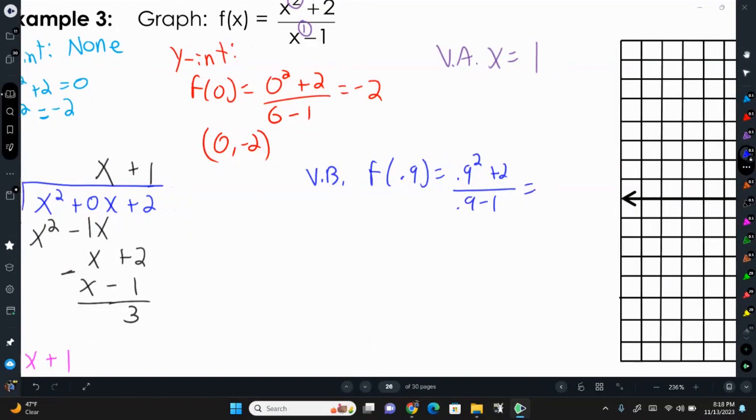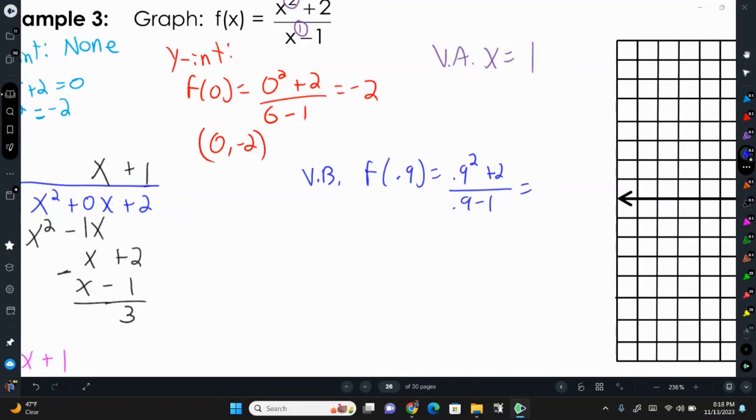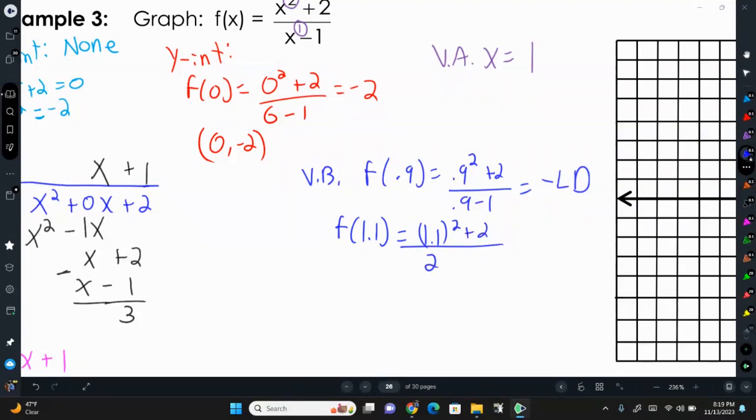And that's going to give us a negative value because the numerator will be positive, but the denominator will be negative. So negative, left side down, which means the right side, without doing this step, we don't have to again, but if we do, 1.1 minus 1, positive, so the right side is up.